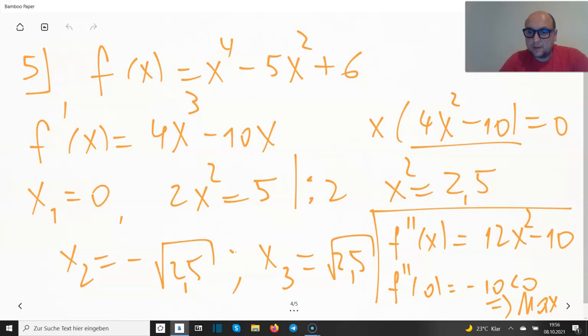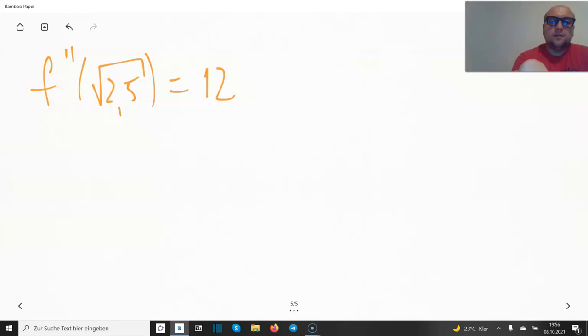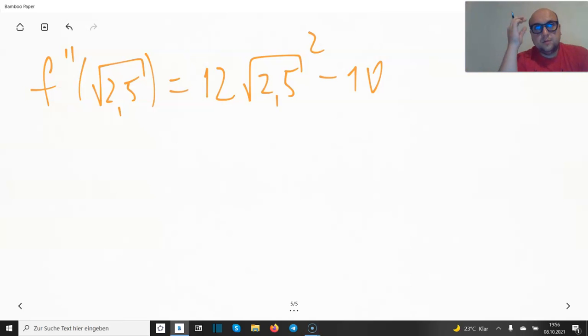This is 12x squared. So we have 12 times the square root of 2.5 squared minus 10. So squaring moves away the square root, which is 2.5 times 12. It's 30, minus 10 is 20. So it's positive. That means after that we're going up, so it's a min.